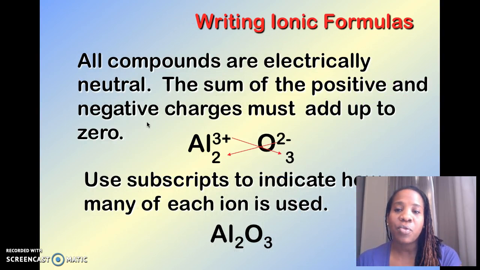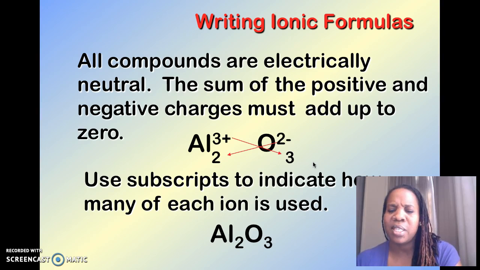Okay, so how do we write the formula for that ionic compound? So you would start off, as we just talked about, with the symbol and the charge according to your prediction from the position in the periodic table. So aluminum, let's say we wanted to write the formula for aluminum oxide. We know aluminum is +3, oxide, oxygen is -2, and then we use a technique that we call crisscross.